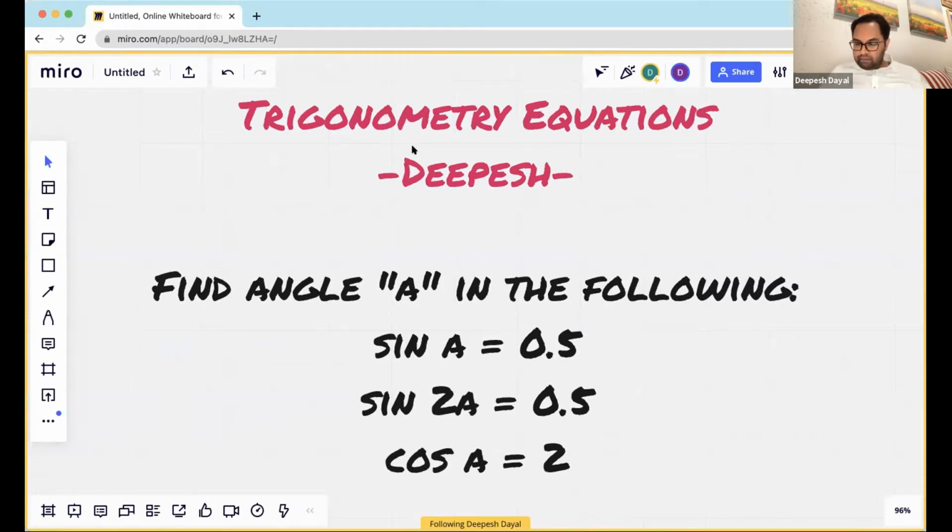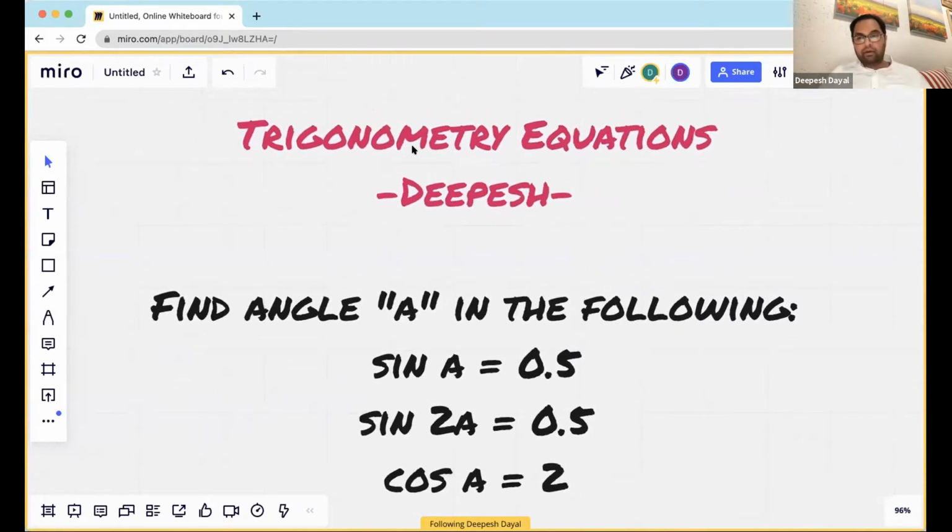Please remember to put your calculators in degrees mode, not in radians, as we solve these questions.